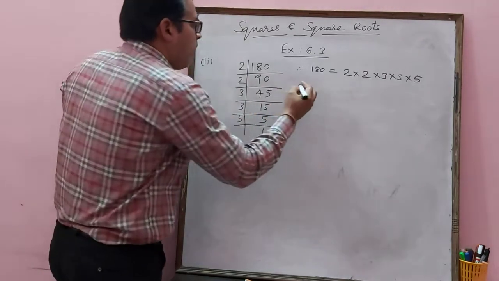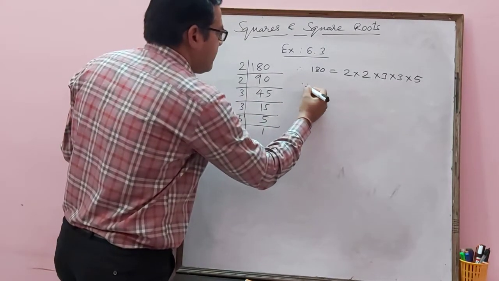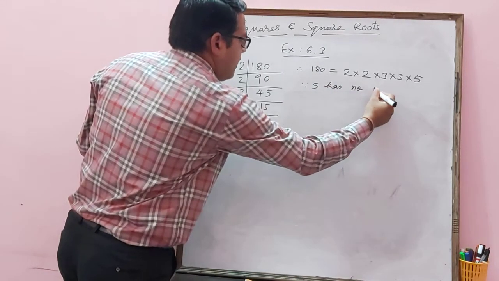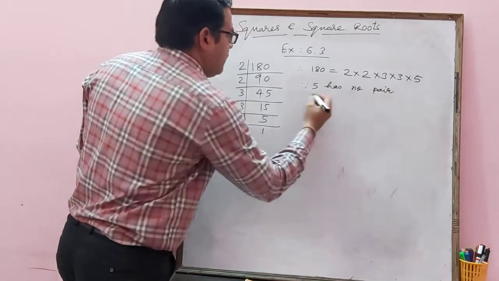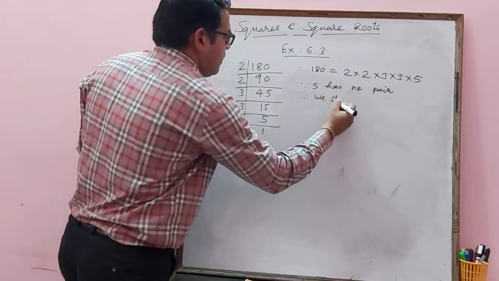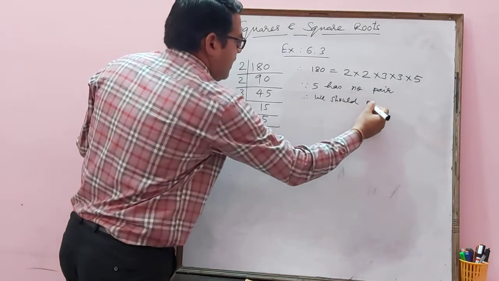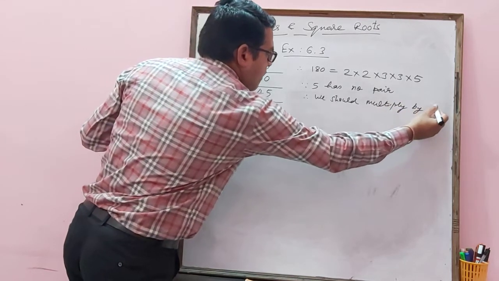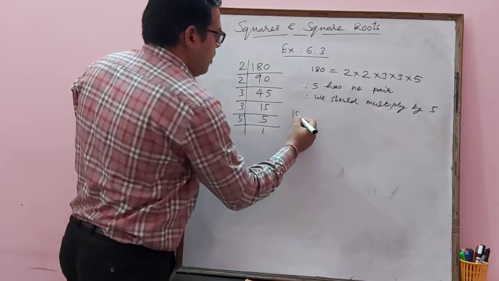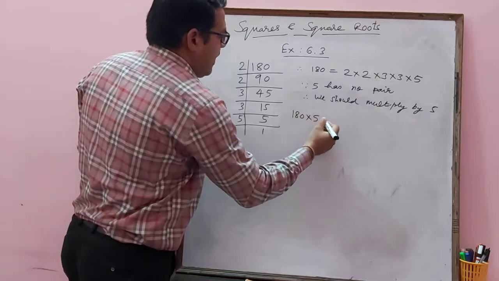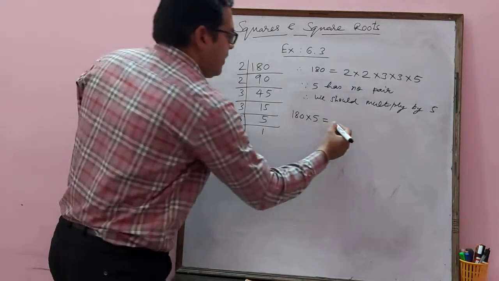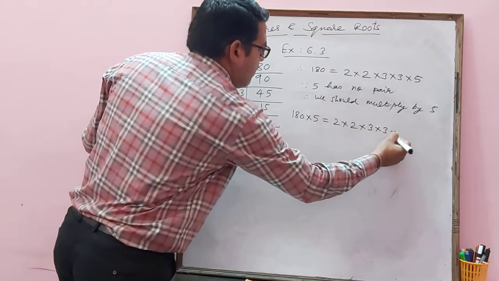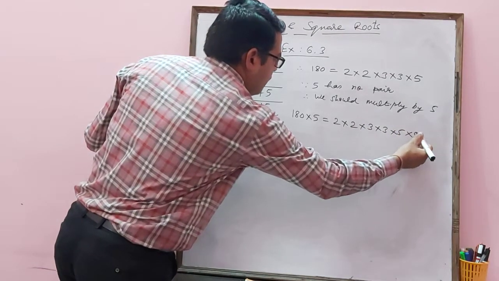So you have to write here, since 5 has no pair, therefore we should multiply by 5. So if we multiply 180 by 5, then we have here 2 into 2 into 3 into 3 into 5 and into 5.